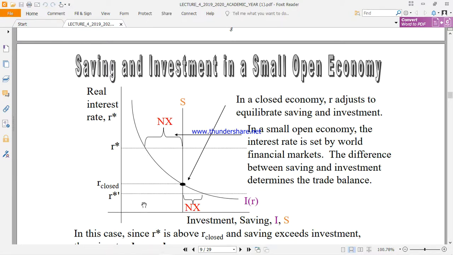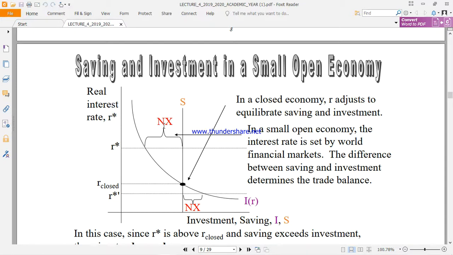Then if savings are greater than investment, we expect us to run a positive trade balance, because people are now going to start demanding from us. Those that want to invest will be demanding from Zambia, because the price in Zambia, in this case the real interest rate, is less than the price charged by the World Bank.